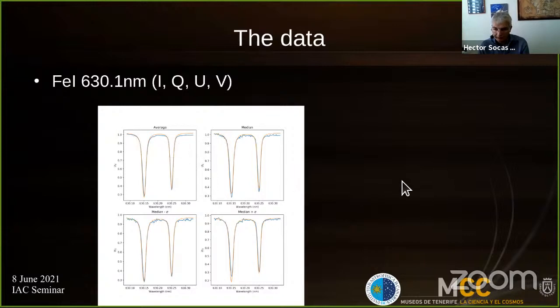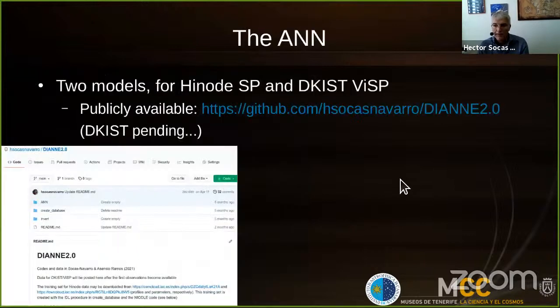You can see here. This neural network model that we built is publicly available. We set up a repository on GitHub where you can go and download all the code and all the tools with instructions on how to use it.